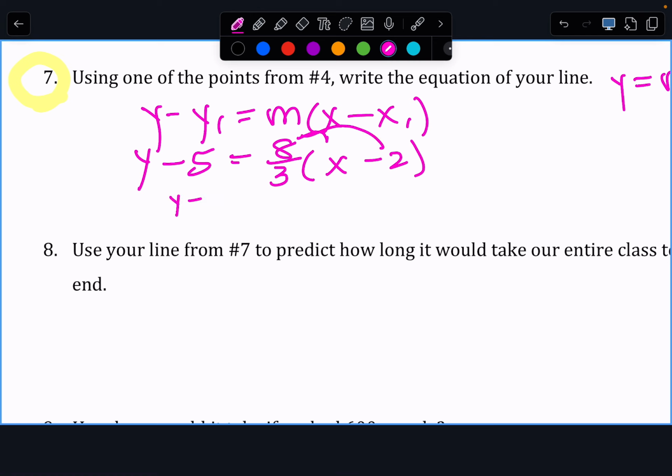So y minus 5 equals 8/3 x minus 16/3. And when we add 5, how many thirds is 5? 15. 15 thirds.